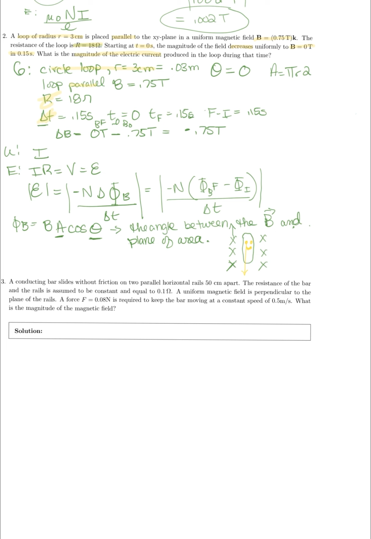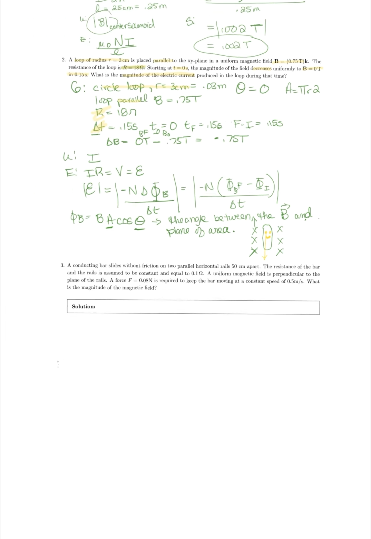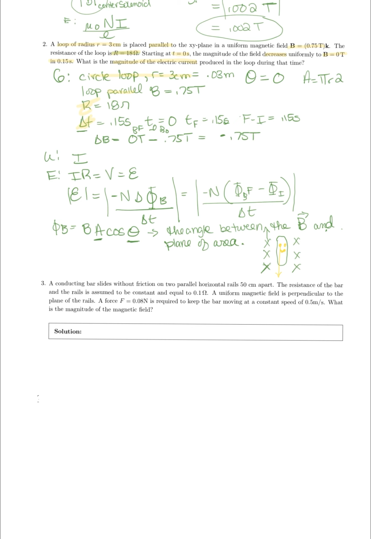All right, so now we have our area. Now what about our magnetic flux? Because this is what we're looking at filling in right here, so we want to use this equation. We have that this is BA cosine theta. Well, our B field is the thing that is changing, because we have a change in B, which we figured out was final, 0 Teslas, minus the initial of 0.75 T, gives us negative 0.75 T. So we can fill this all in now.